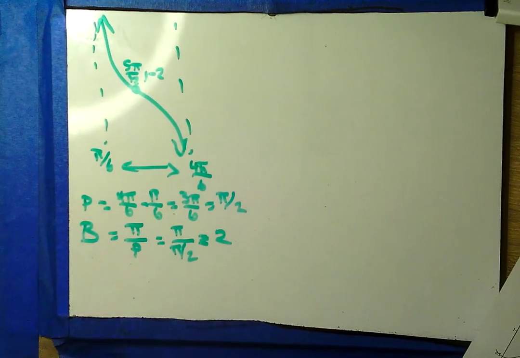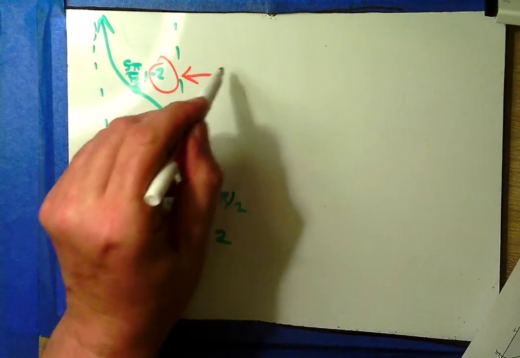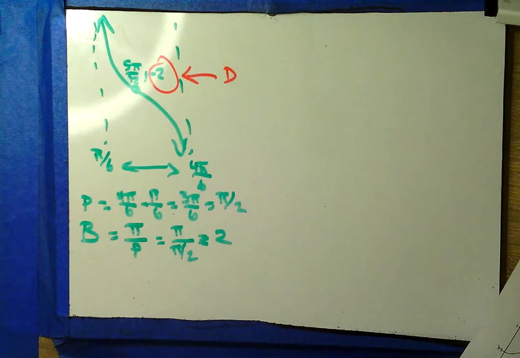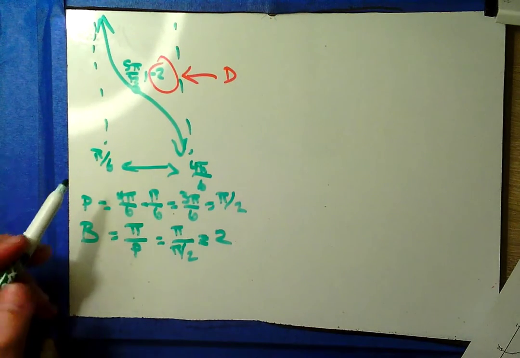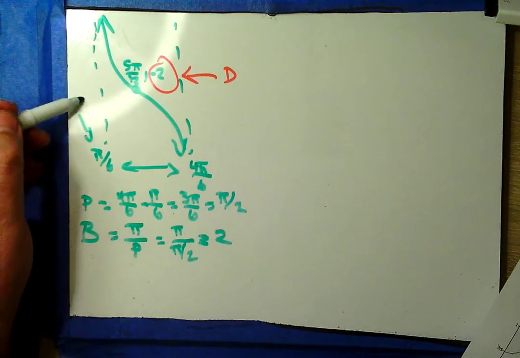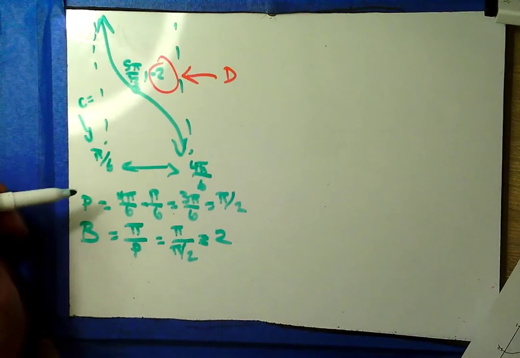Now my d value is really easy. It's right here. That's my d value. And remember, since we're not worried about quarter points going forwards graphing, we're not going to worry about an amplitude going backwards either. I see this as a cotangent graph, in which case this starting x is my c value.